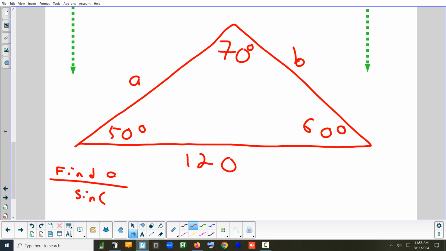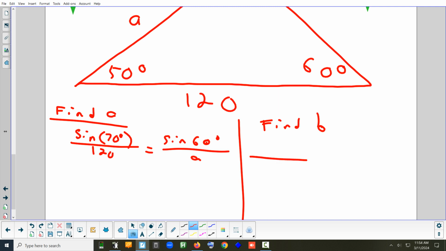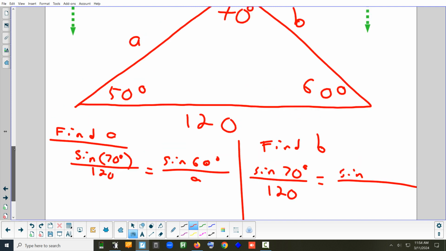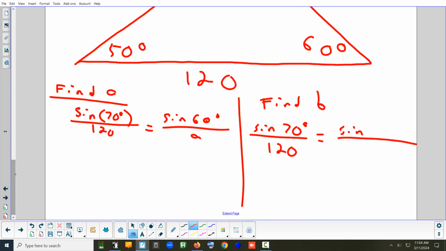Sine 70 over 120 equals sine 60 over A. Now let's find B. Same thing: sine 70 over 120, use that side again, and then sine 50 over B.